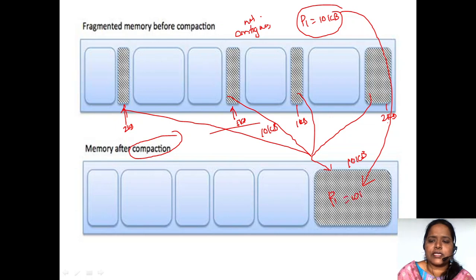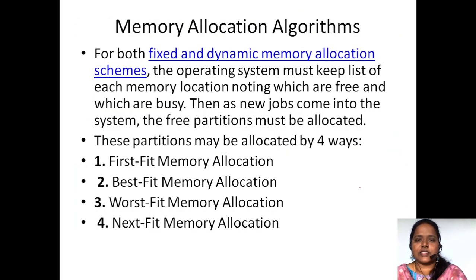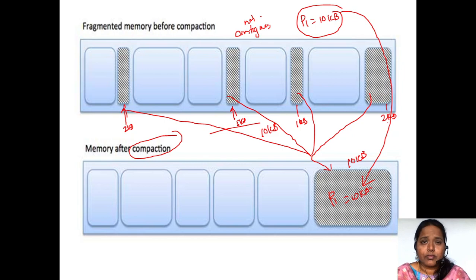So this is the process of compaction. Fine. So in order to overcome the external fragmentation, not internal fragmentation, we bring the leftover spaces either to the starting or to the ending in order to have a huge space so that it can be utilized by another process. That is the technique used by compaction.